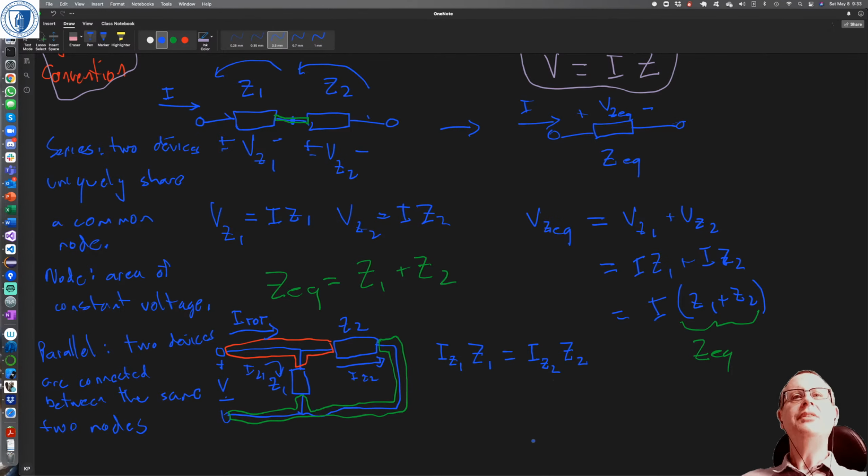And what we want to get to is we want to say that that is equal to I total times, and let's just call it Z equivalent like we did before.